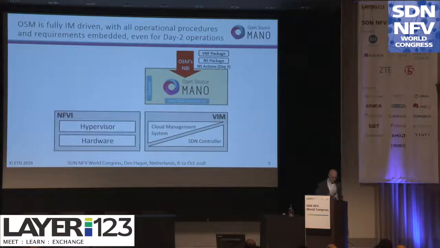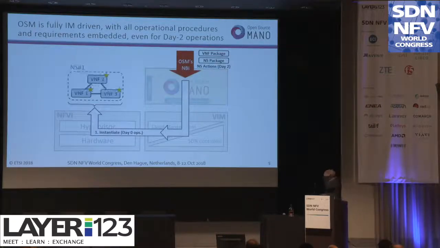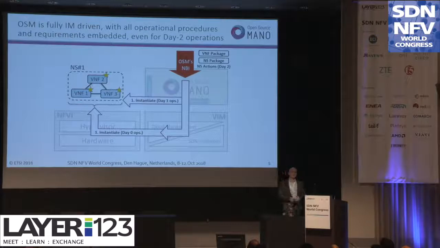So this is probably the only picture I have on the working of OSM. We have the NFVI and the VIM at the bottom, and open source MANO implementing the NFVO and the VNFM. Then we have the VNF package and network service package, and also the day 2 operations coming in via the northbound API. So what happens is that, first of all, we instantiate the VNFs. Then we drive day one operations to configure the VNFs to make them operational.